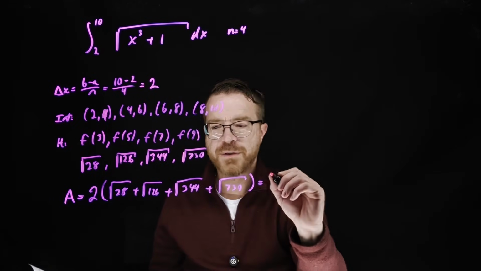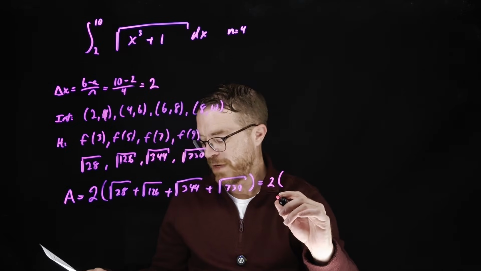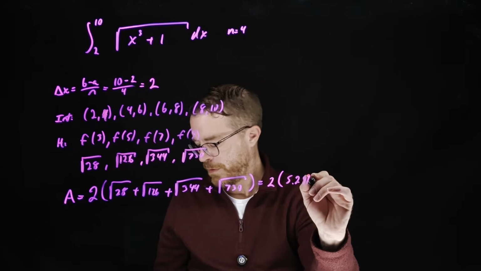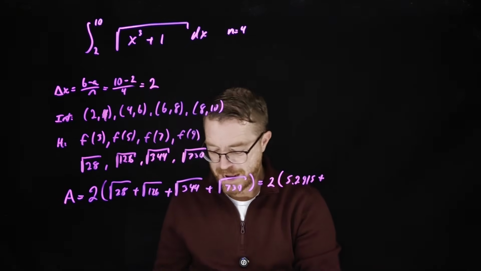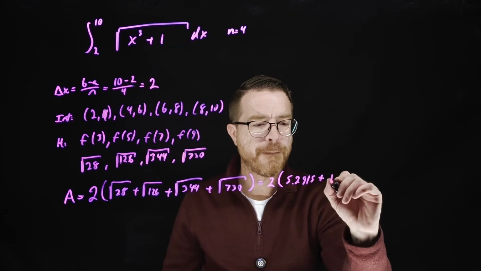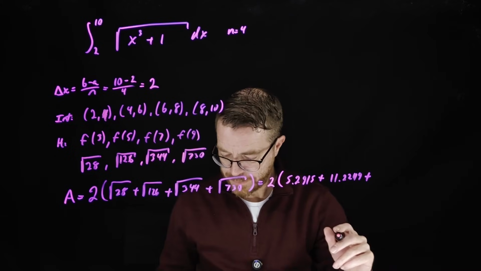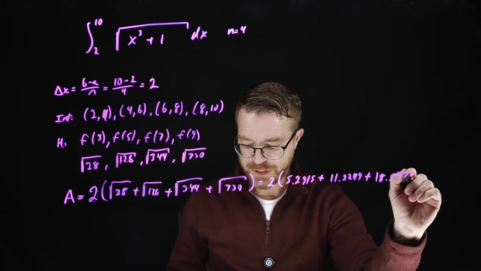If we do that, this is going to be equal to 2 times, I have the values here as 5.2915, plus the second one I have 11.2249. The next one I have 18.5472.